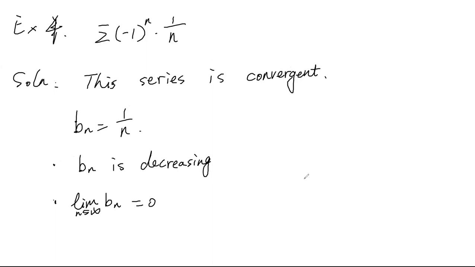So from these two conditions and the alternating series test, we get that the original series, the sum of (-1)^n times 1 over n, is convergent.